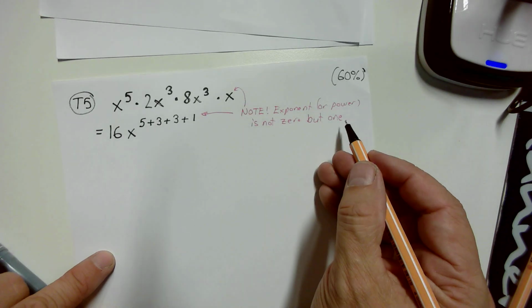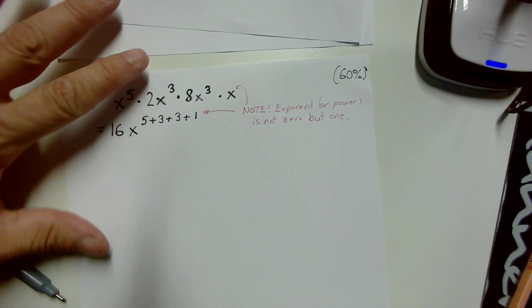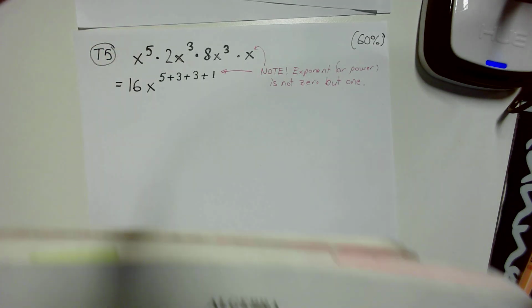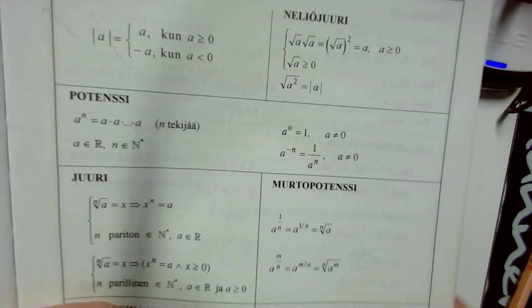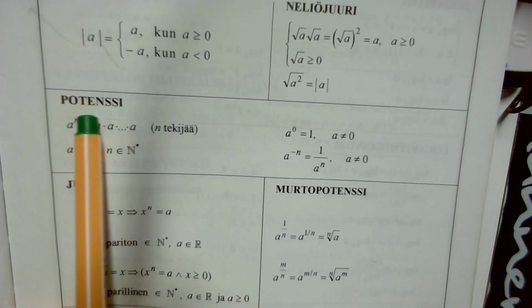Can you read that? Actually, we have this formula book here where we have the rule for the 0 exponent. It is one of the first formulas in this book. We have potency. This is power in the Finnish language.